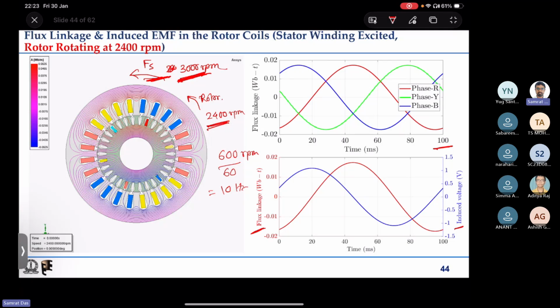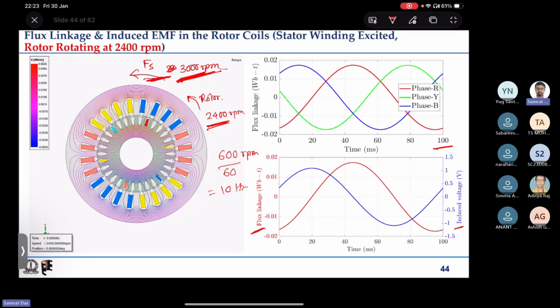You can understand that there will be some current and there will be a torque production, because when it is stationary, the stator magnetic field is rotating at 3000 rpm, the frequency of the rotor EMF and other EMF is also 50 hertz, so that will also rotate at 3000 rpm, so there will be continuous torque production.